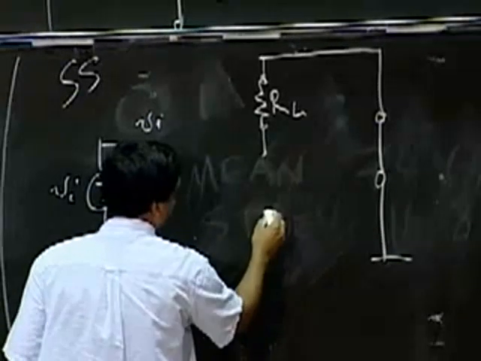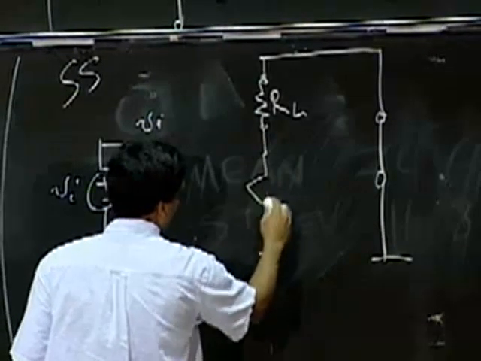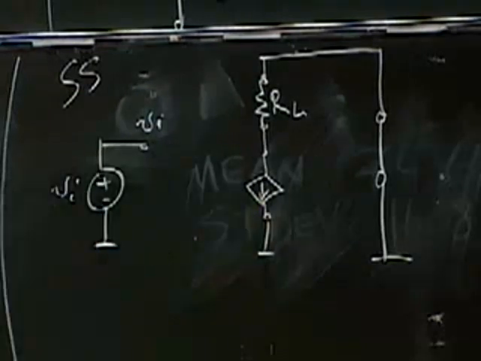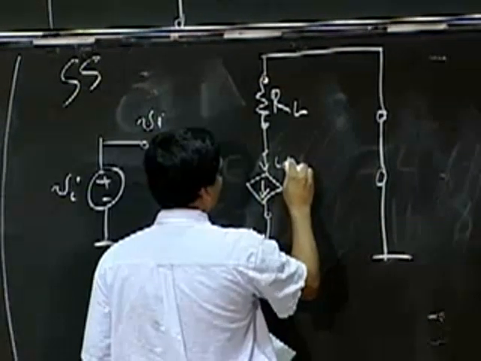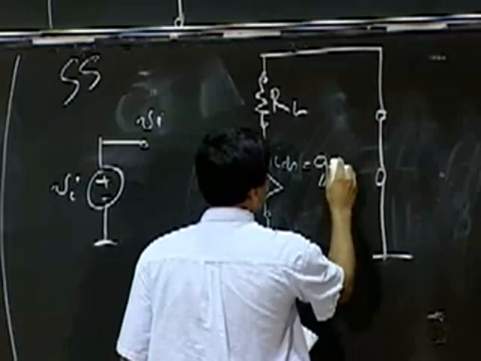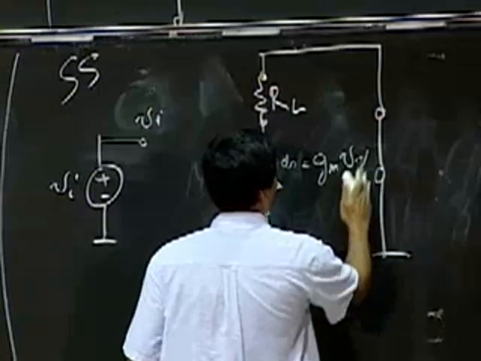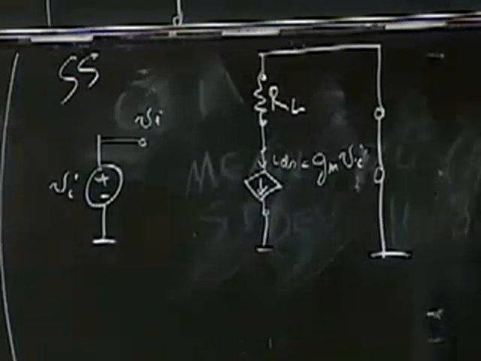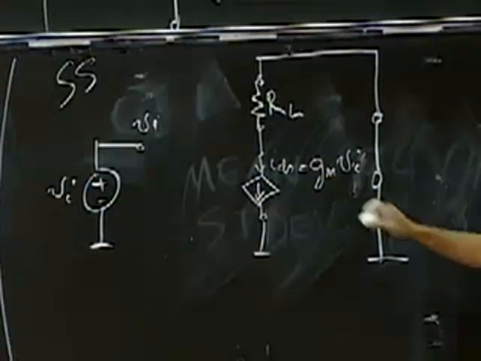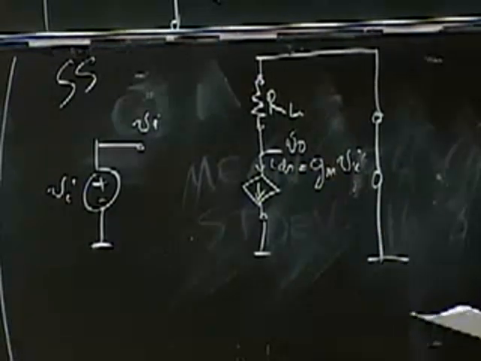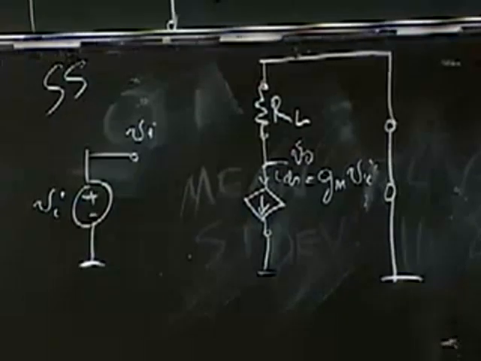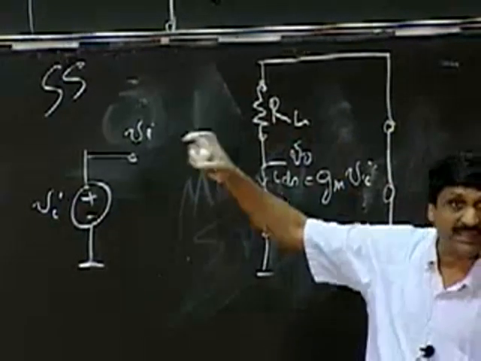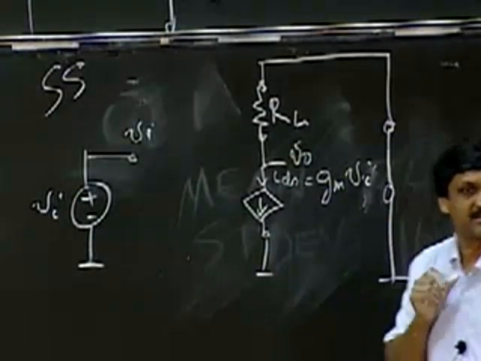And then for the dependent source, we discovered that it was a linear dependent source, where small ids was given by gm times vi. And remember, this was my small vo. So here you go. I have a small signal circuit where I've simply replaced each of the big elements by little rinky-dink elements.